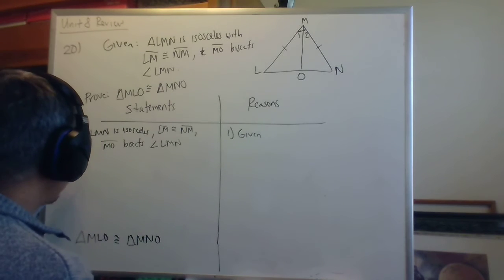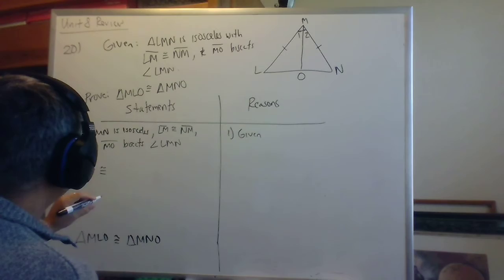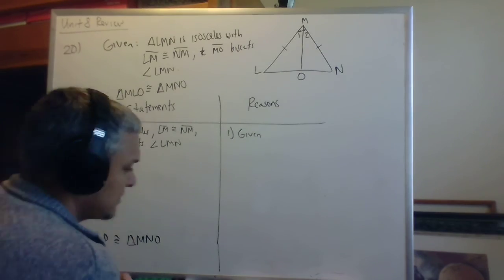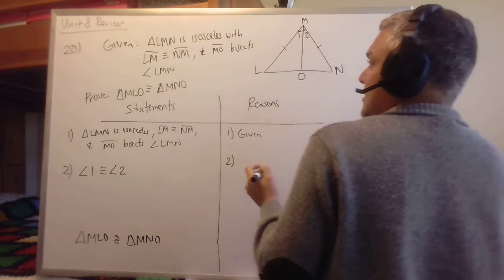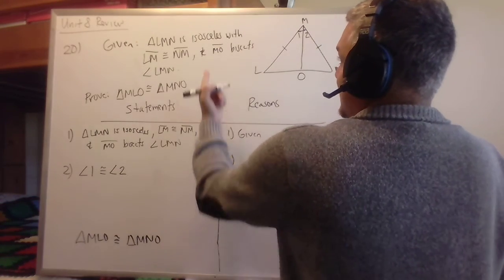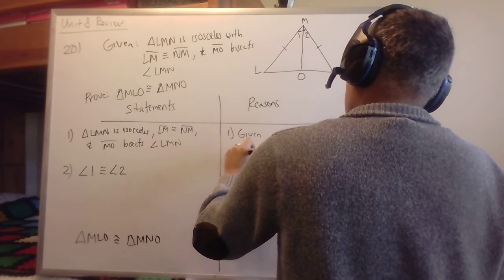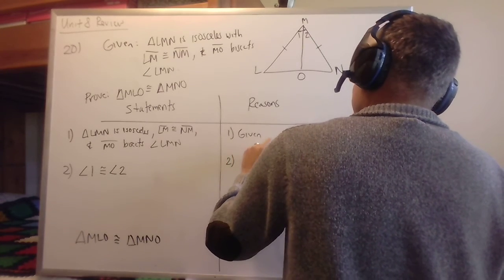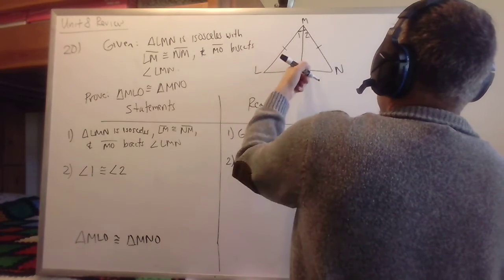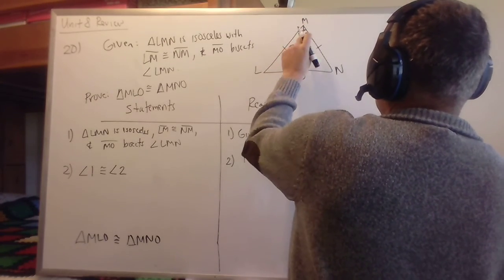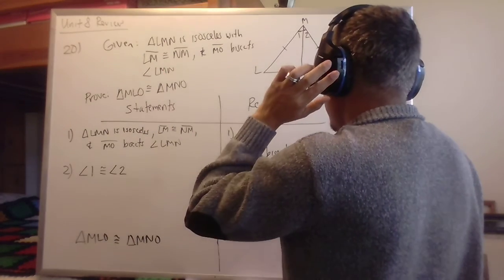I'm going to say that angle 1 is congruent to angle 2. And what I'm going to put is, since we know that segment MO bisects angle LMN.